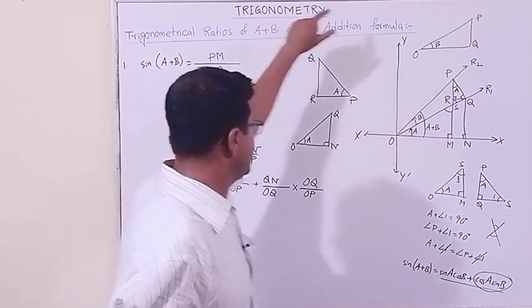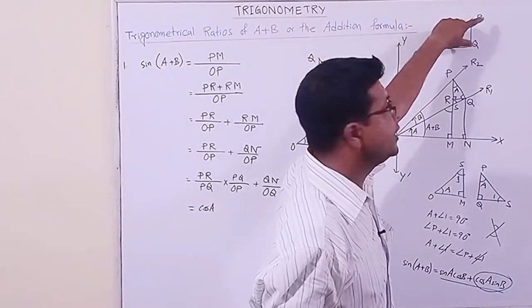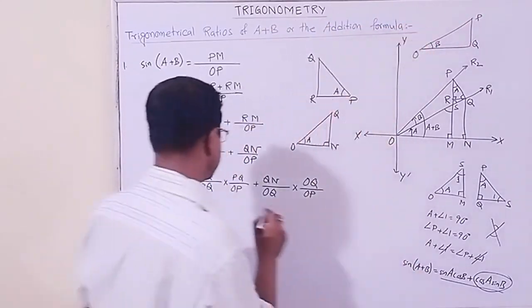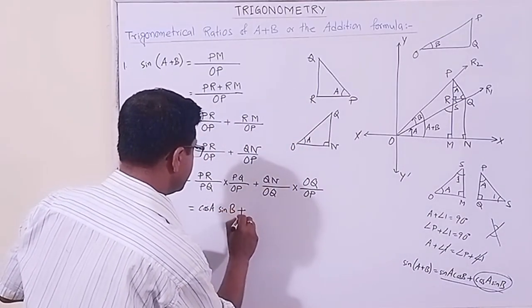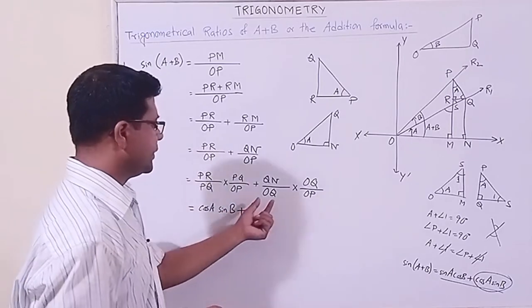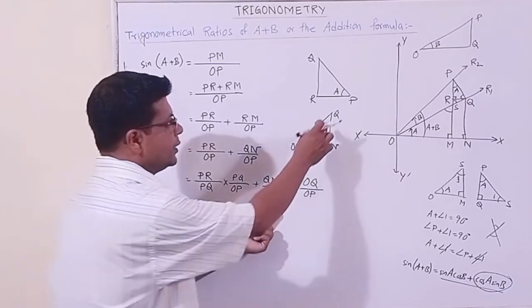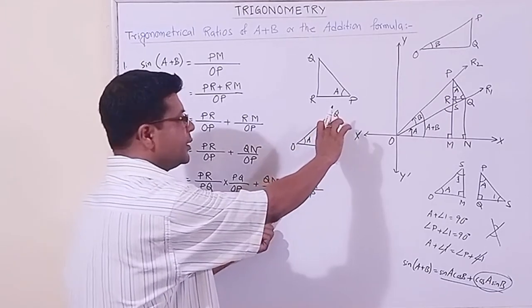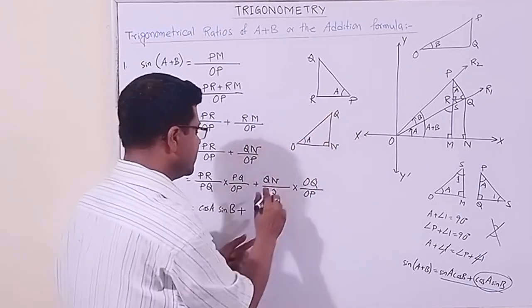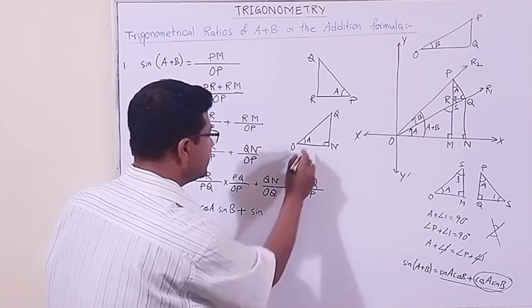What is PQ by OP? PQ, that is perpendicular by hypotenuse, that is sine. Sine of which angle? Sine of B. Plus, then here QN by OQ. QN is perpendicular by hypotenuse. It is sine of what?